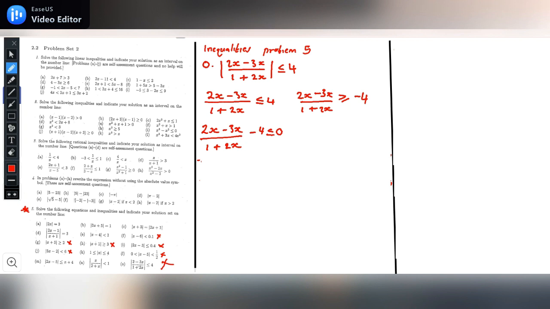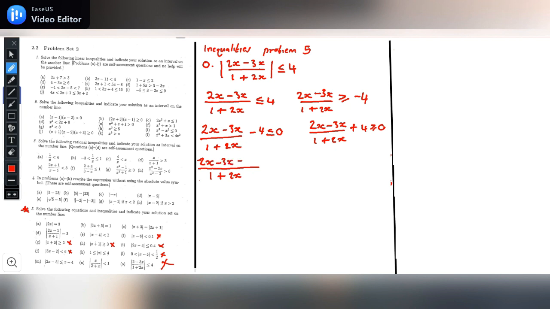This is how I prefer to write it. I prefer to write it this way, guys, because it makes things easier. Right? Therefore, 1 plus 2x. This is how I solve for x most of the time.